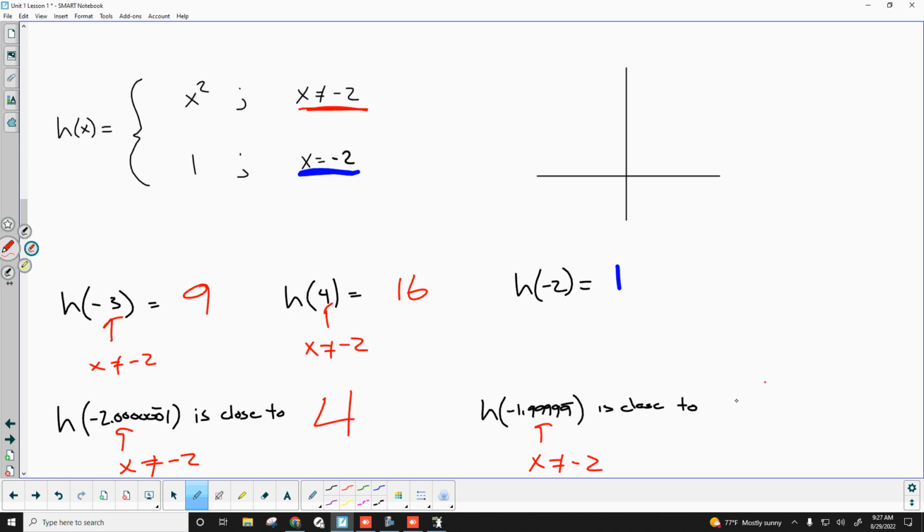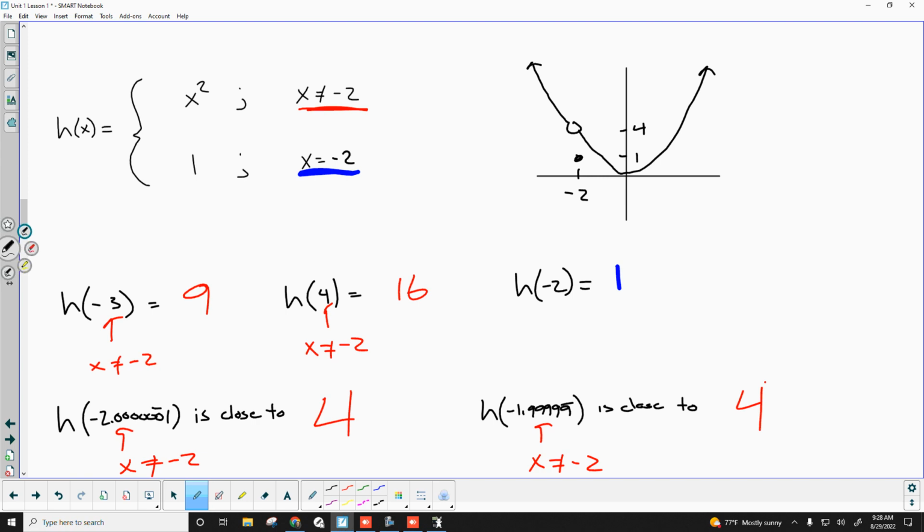You get 4 here. What we have is a situation where at -2, I use the point 1. Sure. But everywhere else, I use x squared. I'm not using x squared at -2, but I'm getting very, very close to the value that we're approaching. We create this graph. We create what is like a hole and a point.